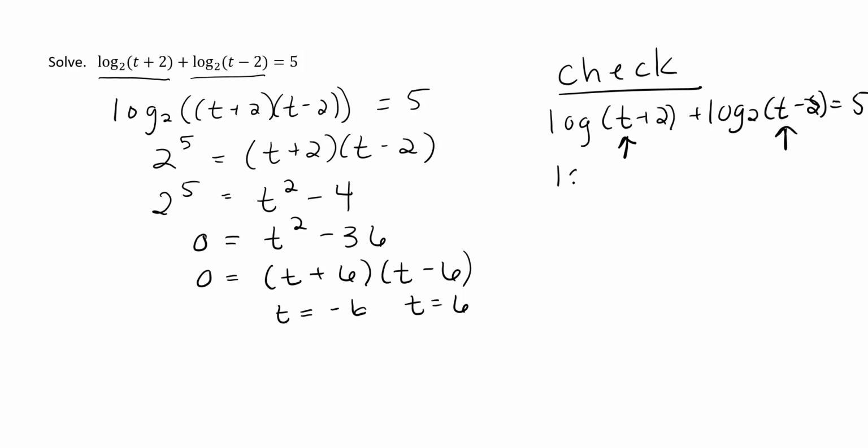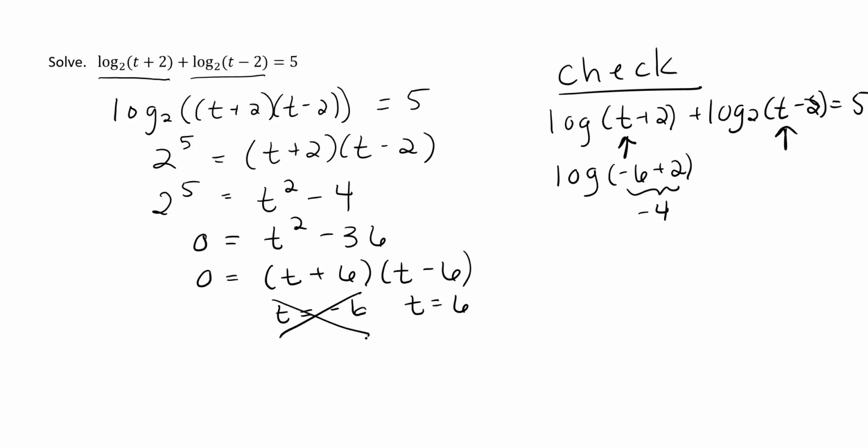I'll have logarithm of negative 6 plus 2, and this is a negative 4. And remember, we've discussed this in a previous video. You need the inside of your logarithm to be positive, so it has to be greater than 0. Same thing will happen over here. You'll put a negative 6 in minus 2, and you'll get a negative 8. So in both of these situations, you have a negative outcome. It just takes one spot to mess up the whole thing, but here it is happening multiple times. This means that we must disregard the negative 6.